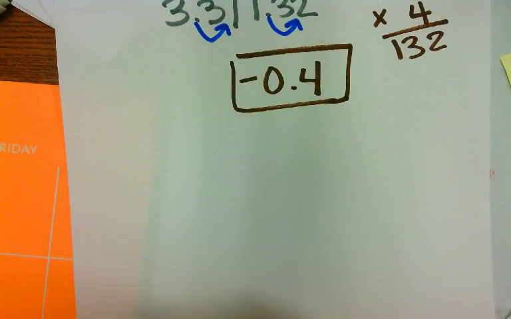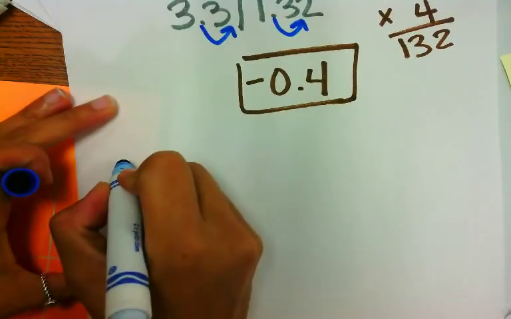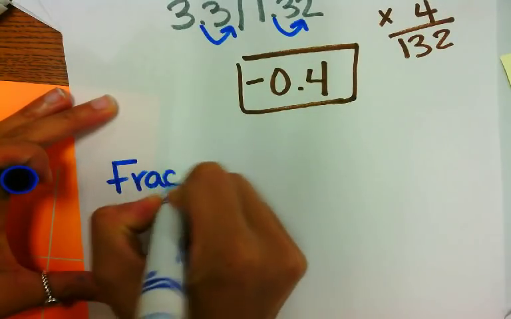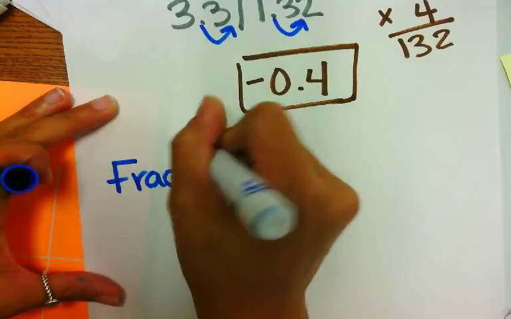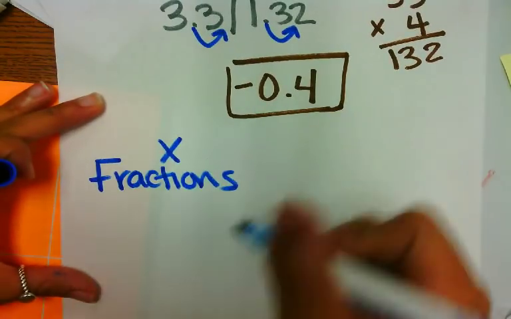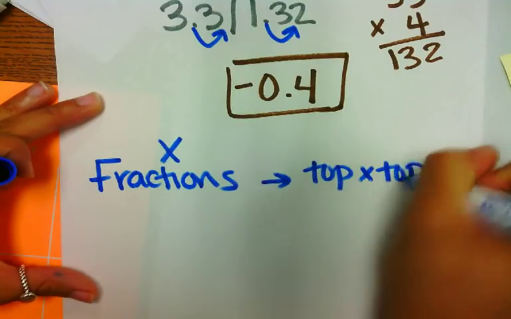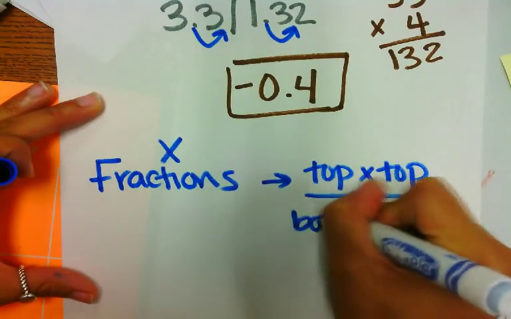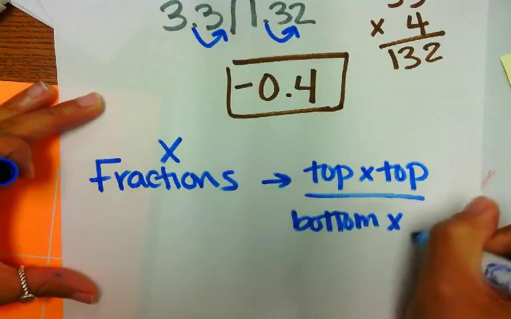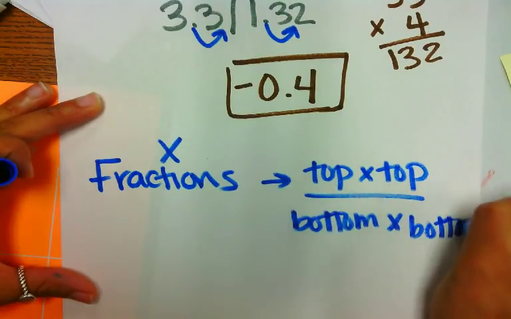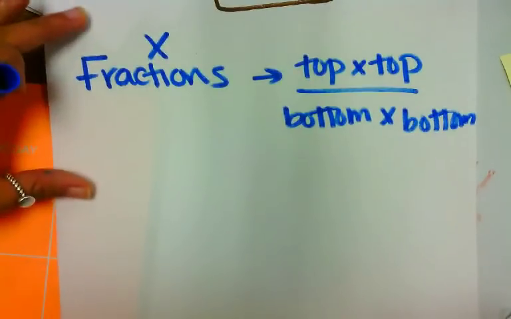So when we multiply fractions, we are going to do top times top and bottom times bottom. Okay, top times top, bottom times bottom.